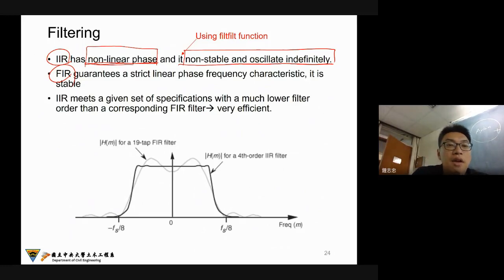Okay, FIR guarantees a strict linear phase because it is much simpler. And it is very stable, because it is simple and stable.